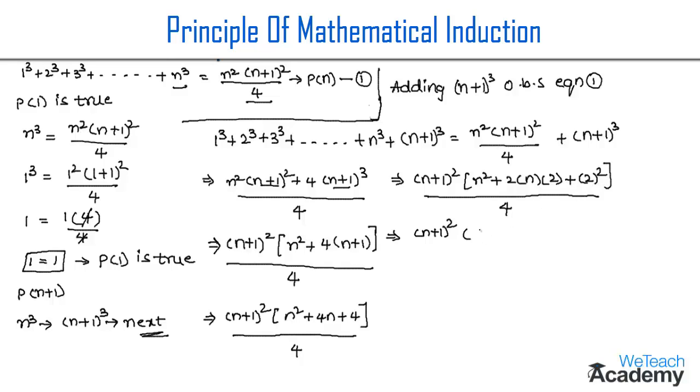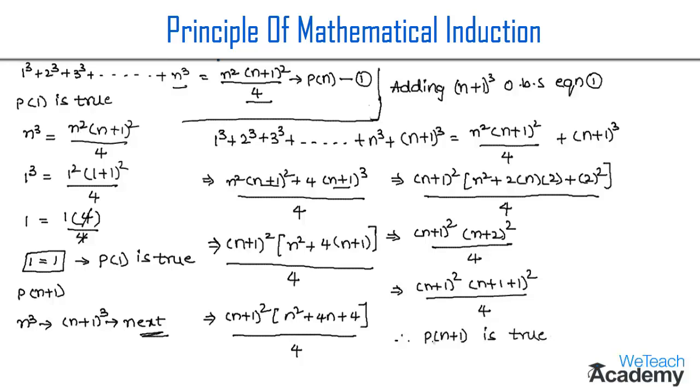So by writing this in the form of (a plus b) whole square, we get (n plus 2) whole square divided by 4. So we can write this as (n plus 1) whole square into (n plus 1) whole square divided by 4. So by this we can say that P of n is true for P of n plus 1, and therefore we can conclude that P of n plus 1 is true.